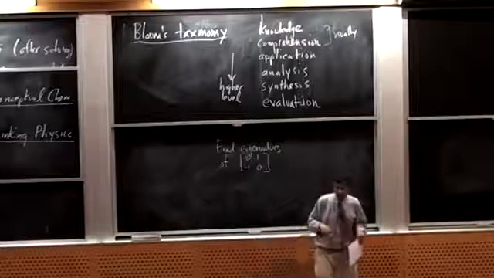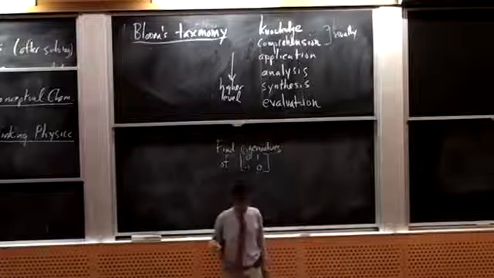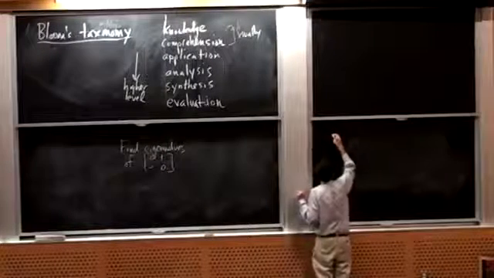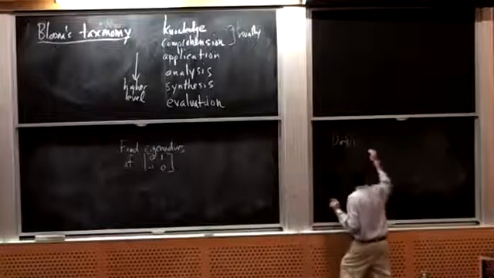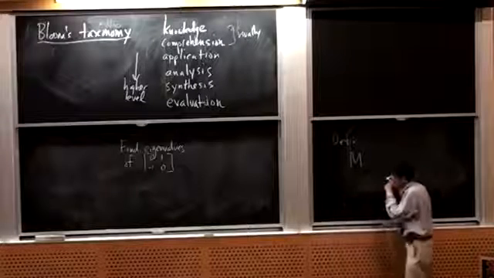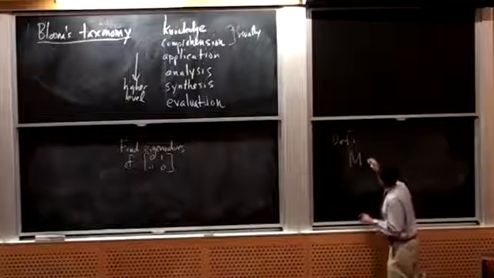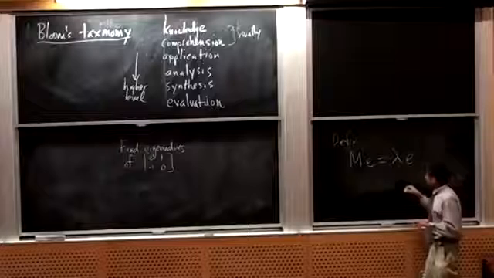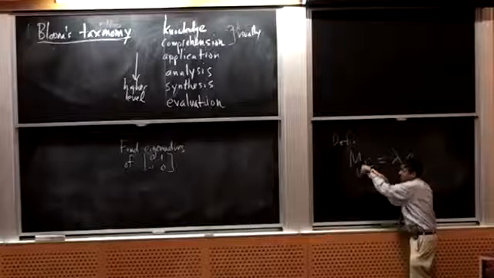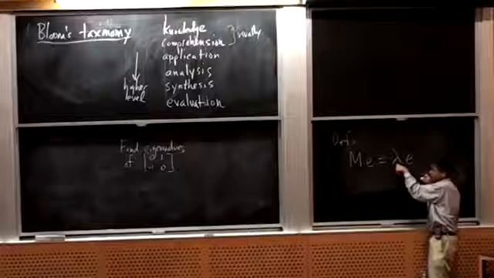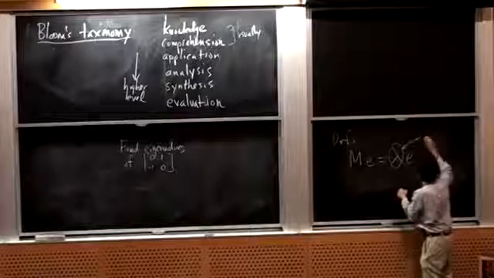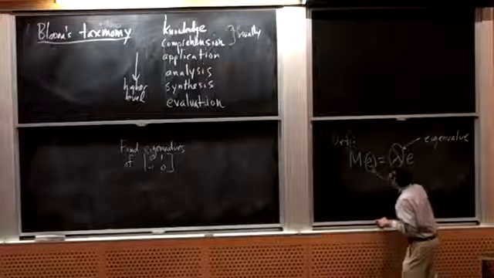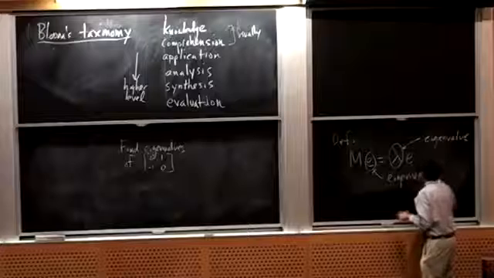eigenvalues of this matrix. So for those whose linear algebra is rusty, a matrix M times some eigenvector E is equal to lambda times E. So if there's some vector that the matrix just brings back to itself with some constant, that's the eigenvalue, and this is the eigenvector.